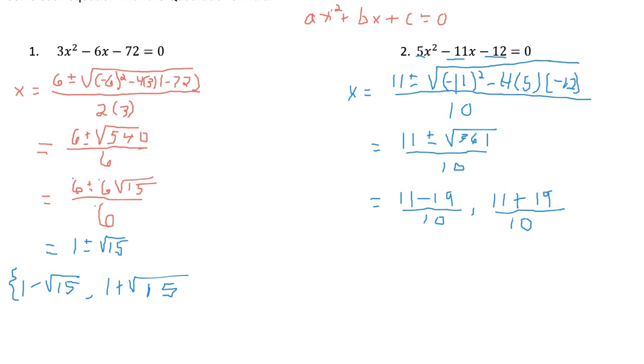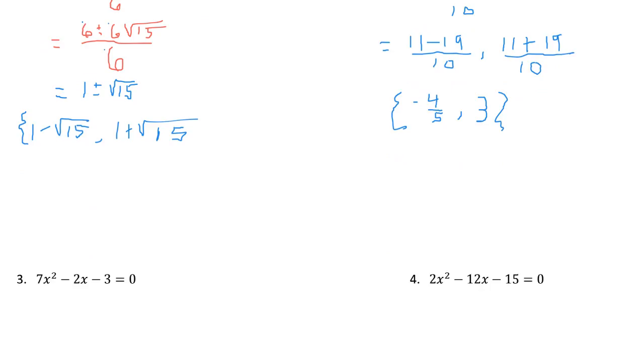Well, 11 minus 19, I'm going to go right to the solution set here, is -8, and -8 divided by 10 is -4/5. And 11 plus 19 is 30, divided by 10 is 3. And we have our solution set, -4/5, 3.